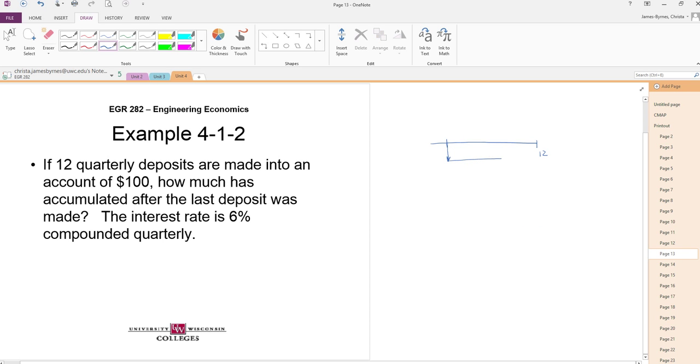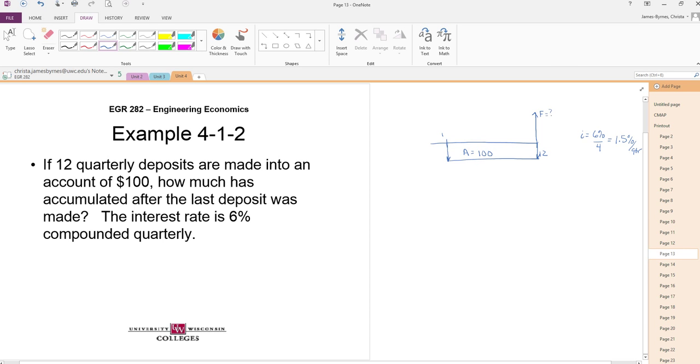So that'll be money out of our hands. Okay, now notice I'm not going to draw 12 arrows. I'm just going to say A is $100. I want to know how much I can take out. F is 6% compounded quarterly. So our interest rate is 6% divided by 4, which is 1.5% per quarter.